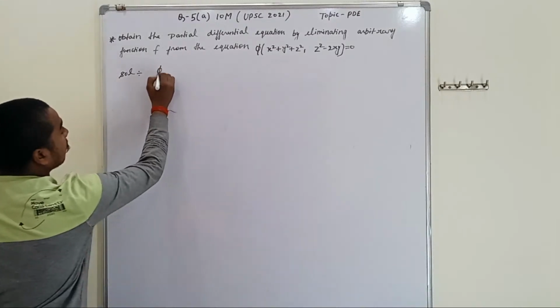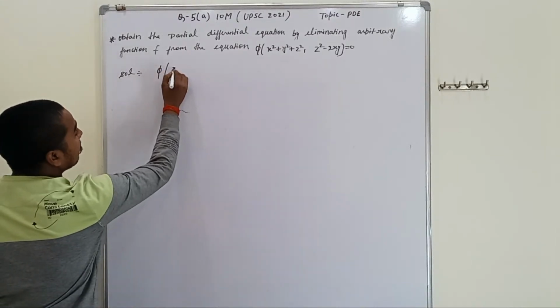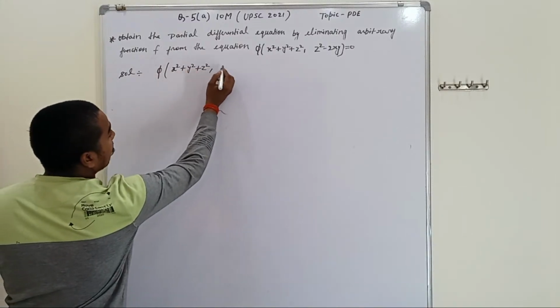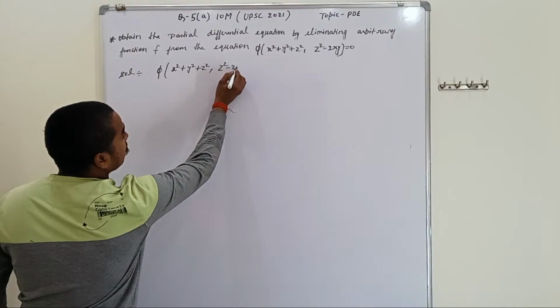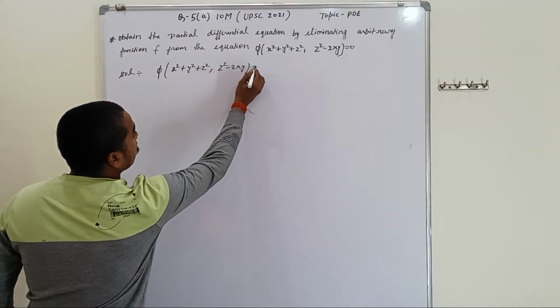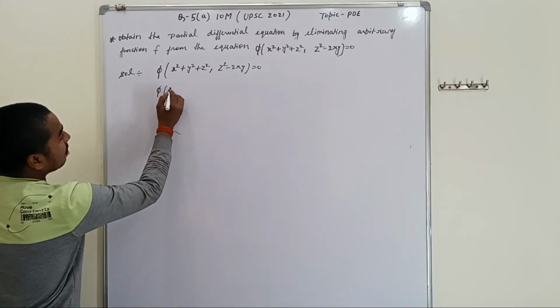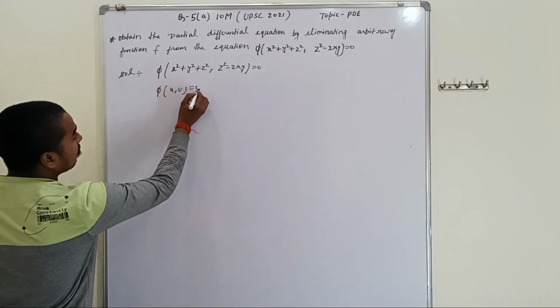Given phi of x square plus y square plus z square comma z square minus 2xy is equal to 0. This is of the form phi of u comma v is equal to 0.